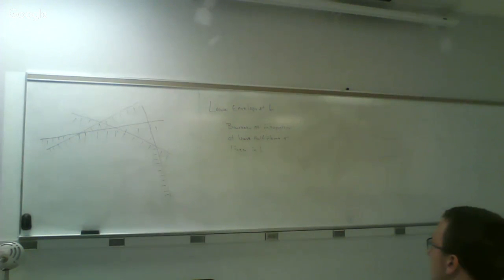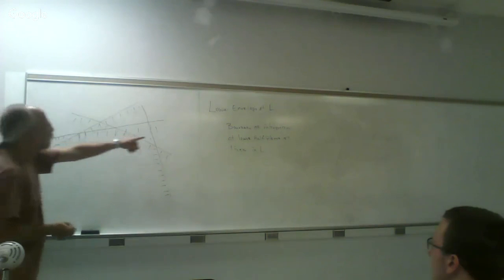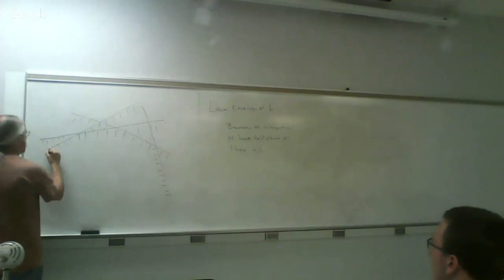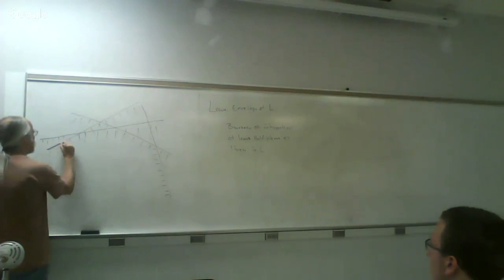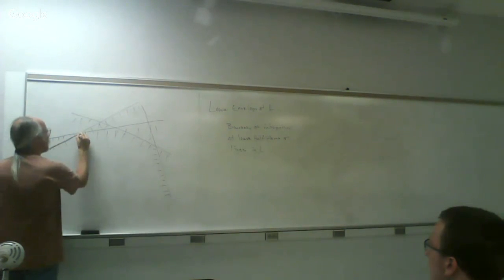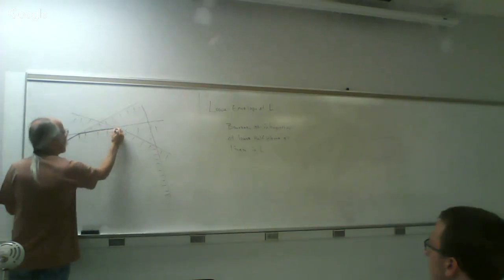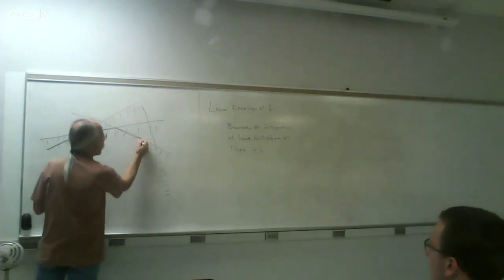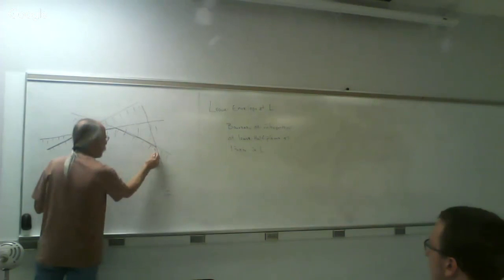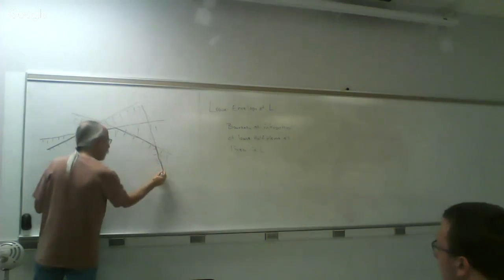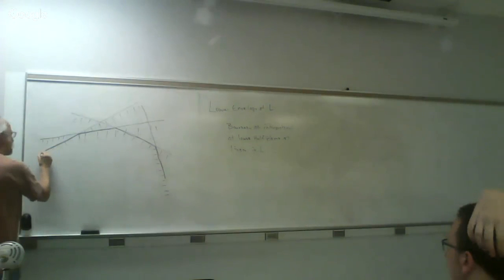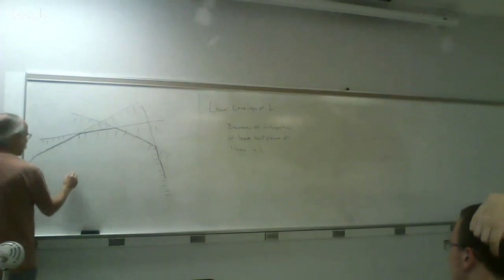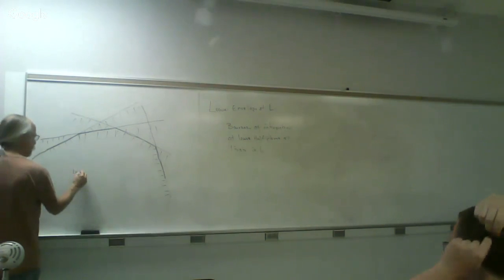The lower envelope is the boundary of the intersection of the lower half planes. So the lower envelope of this is this. And it's not finite; it extends out forever. So this is the lower envelope.